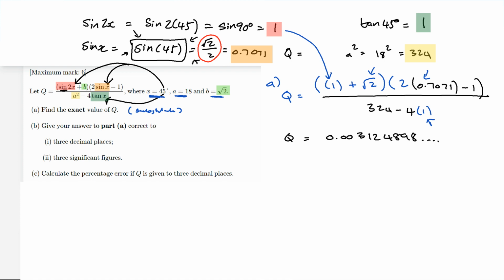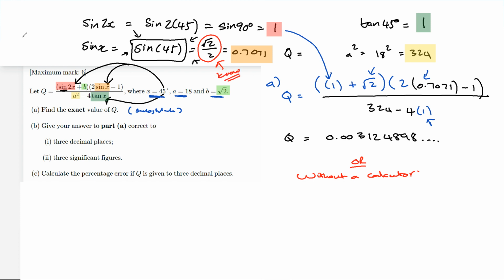Alright, so if I don't use a calculator for question A, I'm just going to write here, without a calculator. Without a calculator, we need to know this, which is root 2 over 2, which is sine 45.